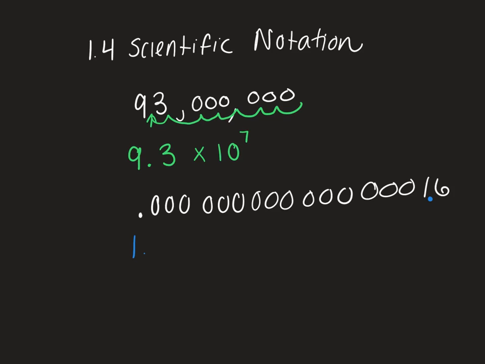So in this case, we've got a 1.6, and then you count your decimal places. So you've got 1, 2, 3, 4, 5, 6, 7, 8, 9, 10, 11, 12, 13, 14, 15, 16. So times 10 to the negative 16th power. So your exponent needs to be negative when you start with a number smaller than 1. And if it's a large number, then it's a positive exponent.